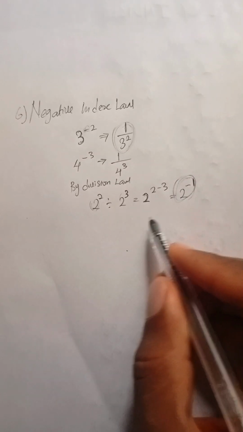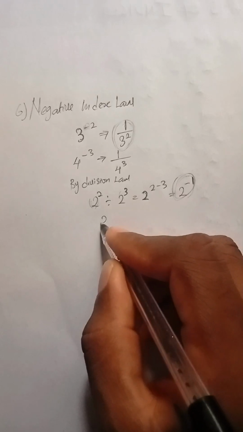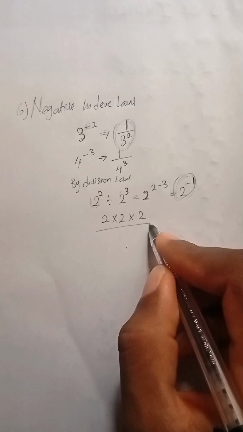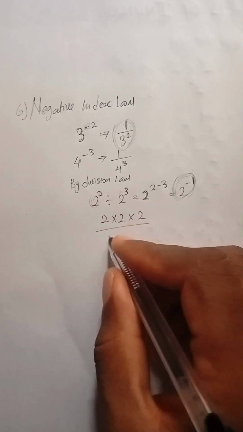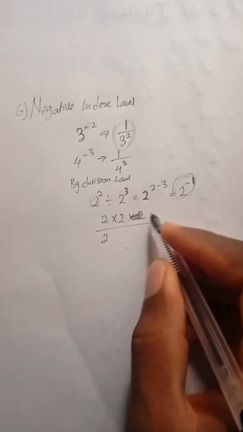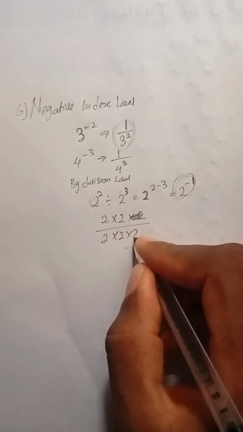Another example I will give is 2 raised to the power of 2, which can also be expressed as 2 times 2, divided by 2 raised to the power of 3, which gives us 2 times 2 times 2.